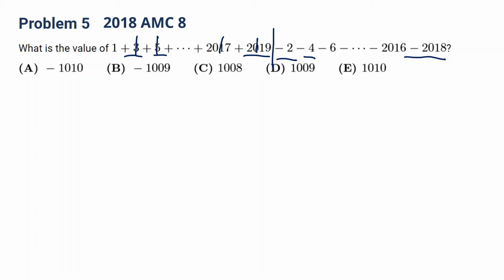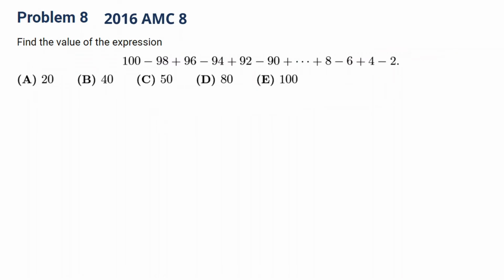So we know that it's going to be 2020 divided by 2. We will have 1010 numbers. Of course, you can use the arithmetic sequence to find the sum, but this one, there's an easy way to do it.